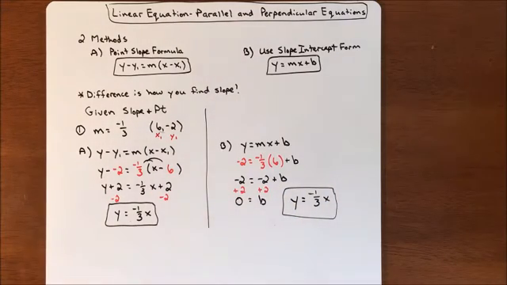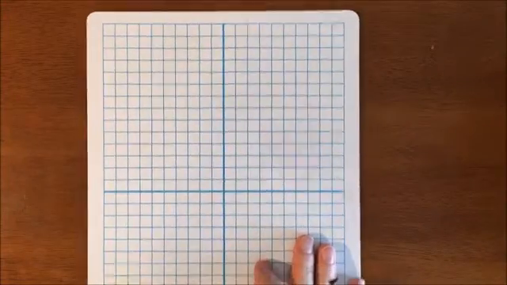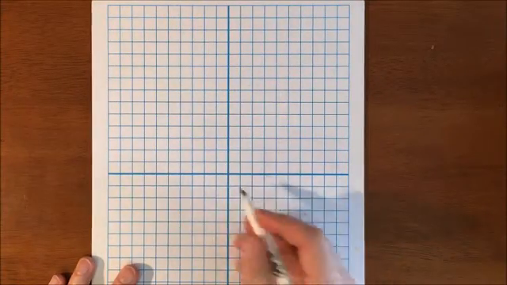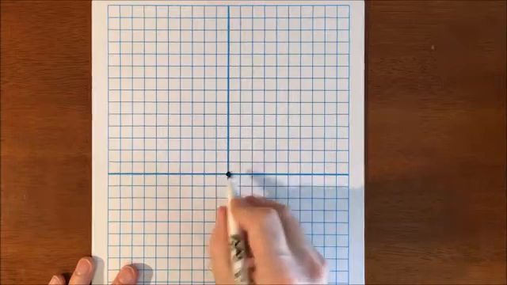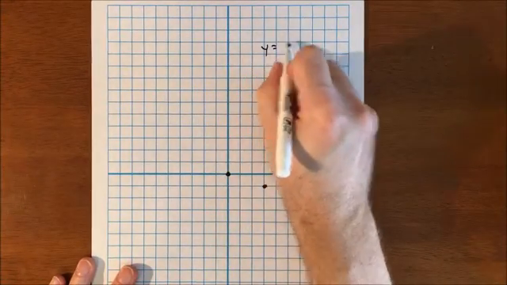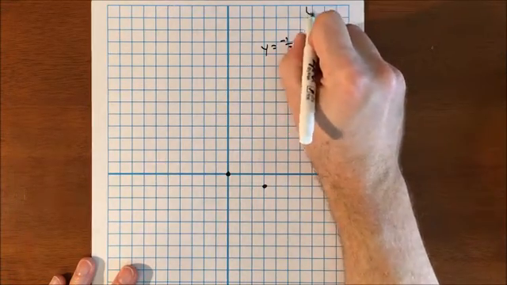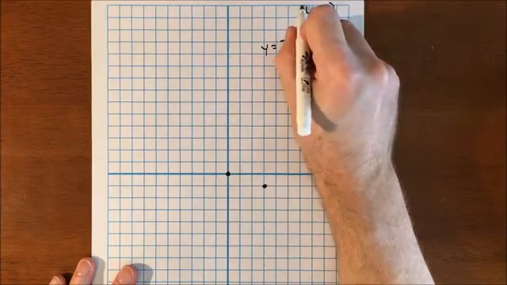All right, so if we want to check it, we can do a visual. We can plug the point in and make sure the point works. So for this one, we'll just do a visual for a second. This one has a y-intercept of 0, has a slope of down 1 over 3, because our equation is negative 1/3 x. And we're checking to see if it passes through 6, negative 2.